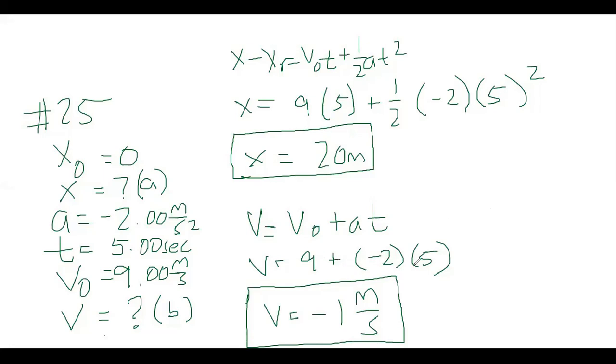Negative 2 times 5 is negative 10, so it's 9 minus 10. And this is 45. These two cancel, give you negative 1, and that's 25. So 45 minus 25 is 20. Oh, I wrote down the time as not a -2. My bad. That's the acceleration is negative 2. Time can't be a negative because then you'd be going backwards in time.